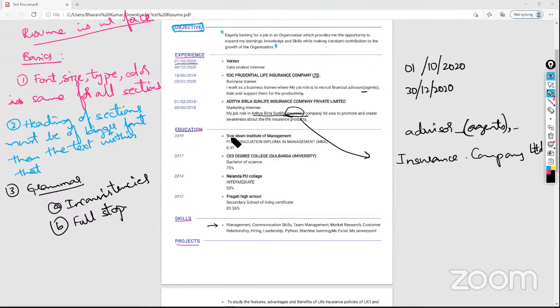And look at this, Shiv Shivani. Right? This is the name of a college. All the proper nouns should be in proper case. Institute. This is exactly how it has to be. At one place, you are putting everything in proper case. Then underneath that, you're giving it in uppercase.